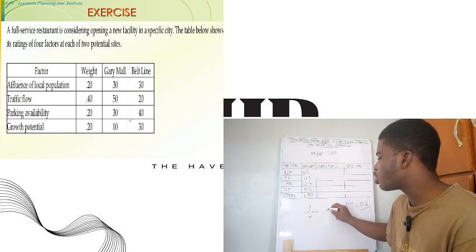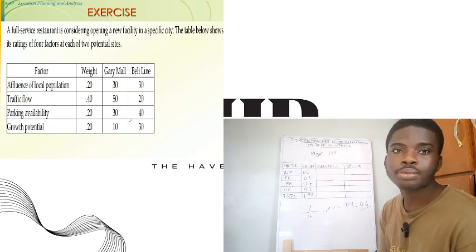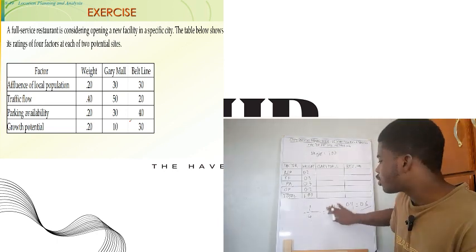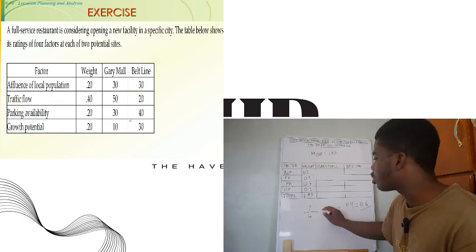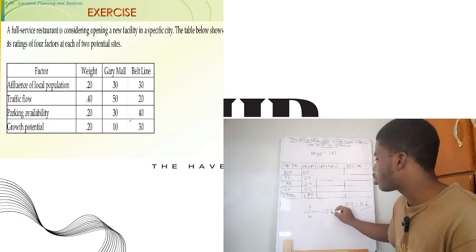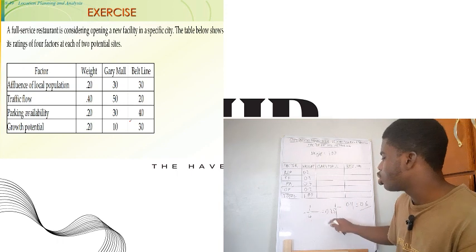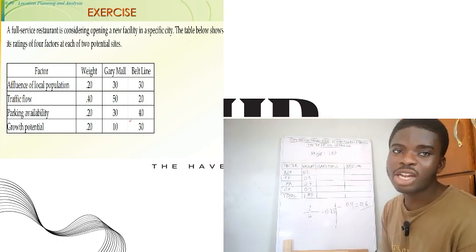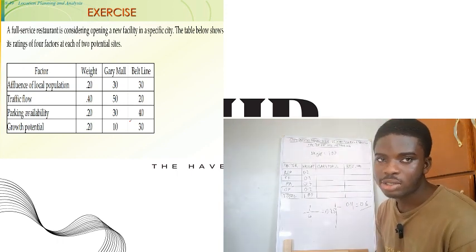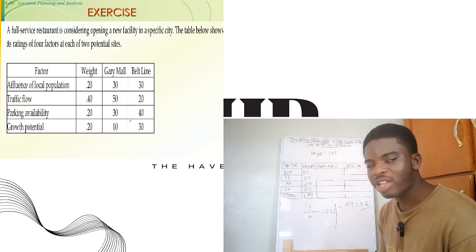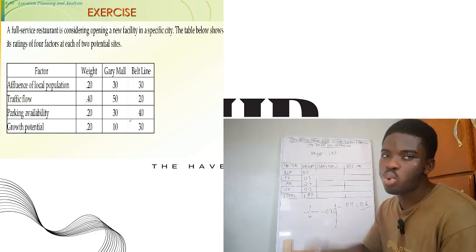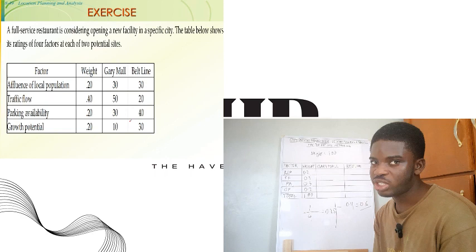Everybody will get 0.25. So use this if they tell you that they did not assign any weight, that all factors carry equal weight. You just take 1 divided by the number of factors.